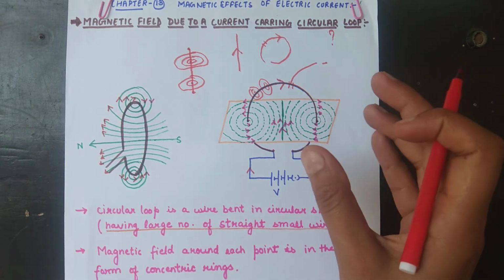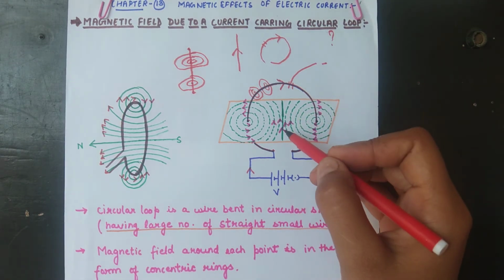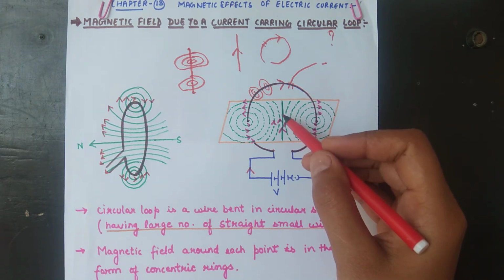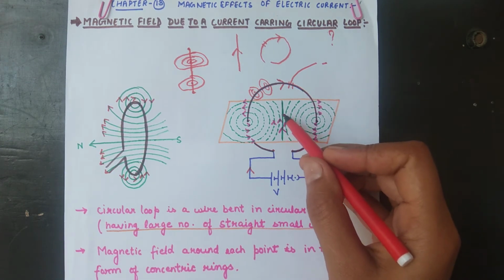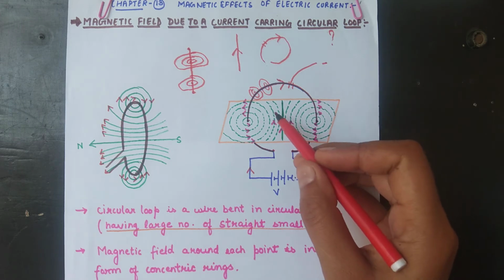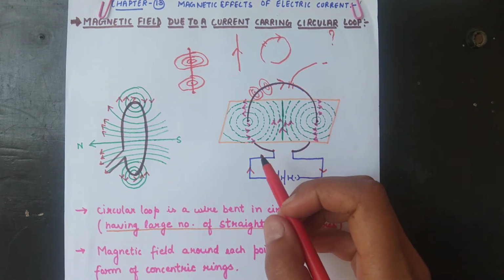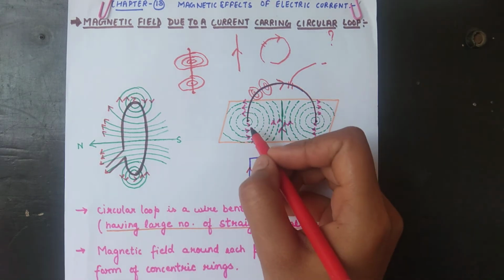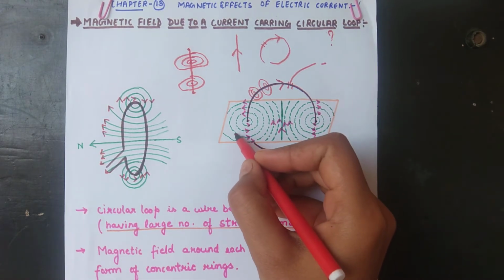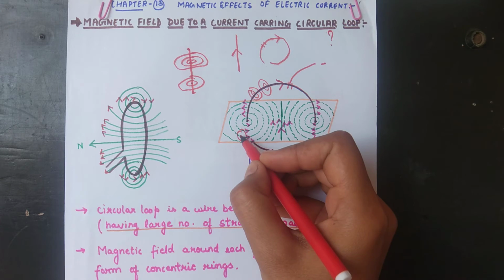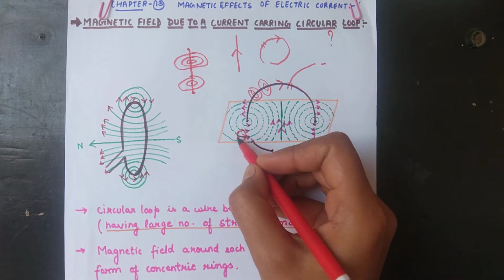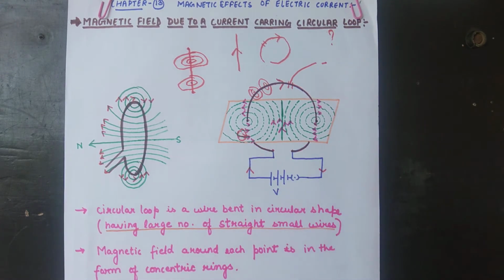That's why we get the strongest, or maximum, magnetic field at the center of the circular loop. If we put a magnetic compass here, the needle of the compass will also point towards the direction of the magnetic field.